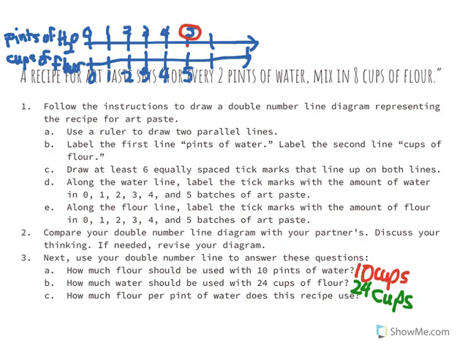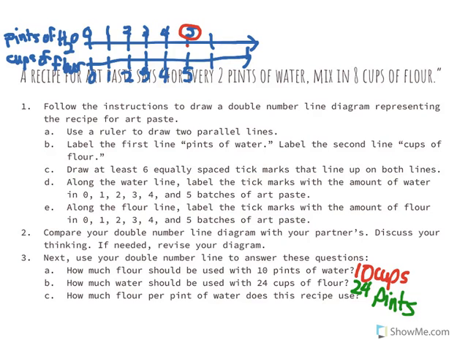Did anyone else just catch on that we actually have a 1-to-1 ratio? So every time it's asking us how much water or how much flour we need for X number, it's that same number because it's a 1-to-1 ratio.